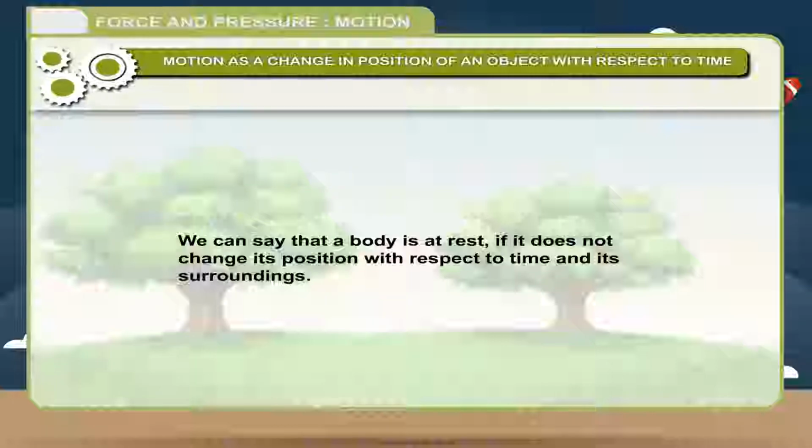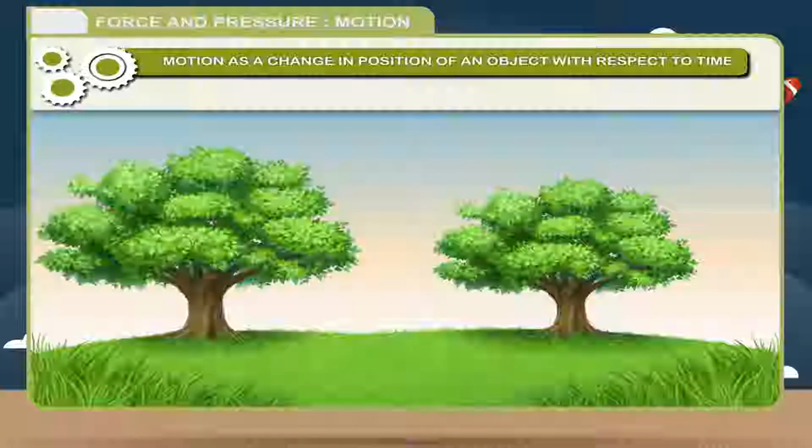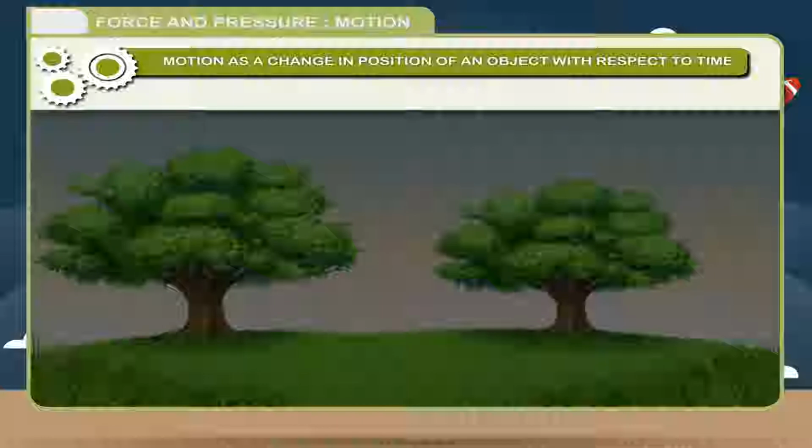We can say that a body is at rest if it does not change its position with respect to time and its surroundings. For example, a standing tree remains fixed in its place if you see it at different time intervals. So, it is said to be in a state of rest.